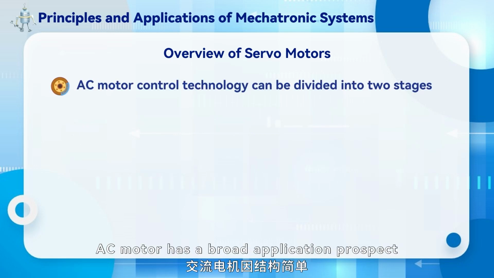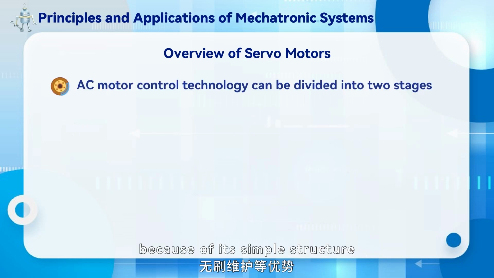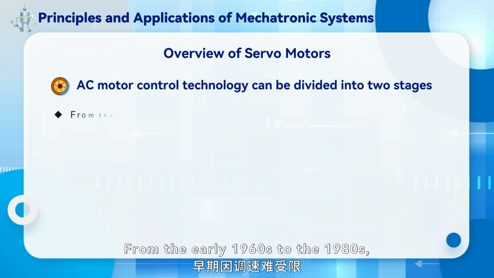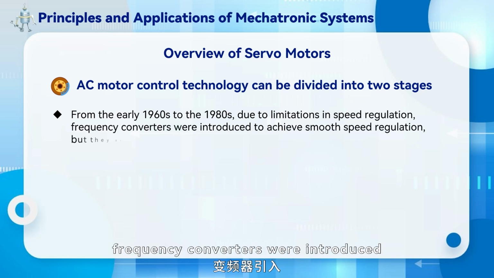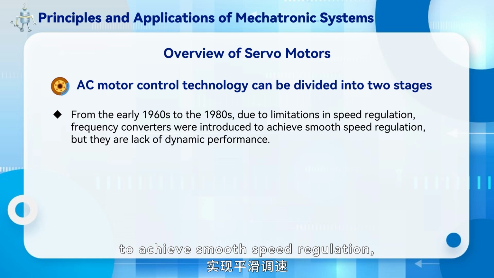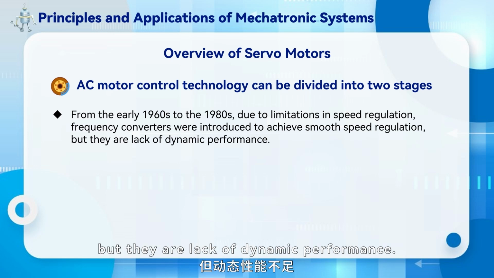AC motor has a broad application prospect because of its simple structure and brushless maintenance. From the early 1960s to the 1980s, due to limitations in speed regulation, frequency converters were introduced to achieve smooth speed regulation, but they lacked dynamic performance.